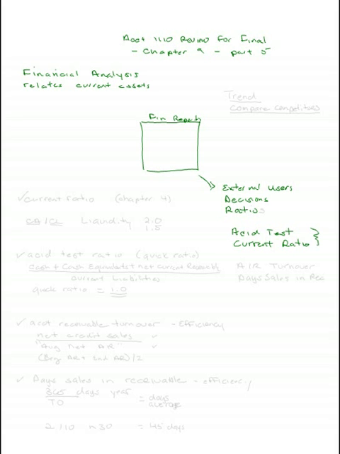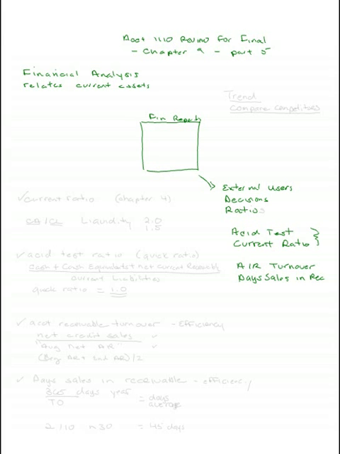Well, you've already seen that one. We'll look at the accounts receivable turnover ratio. We did one similar to that when we looked at inventory turnover. Then we'll look at days sales in receivables. We did this also in the inventory chapter, so all of these should look familiar to you.